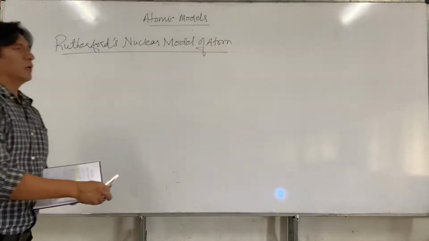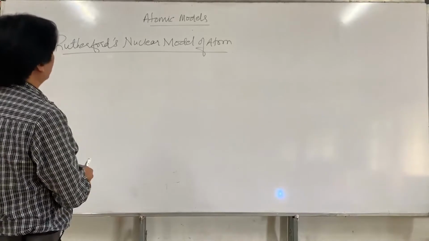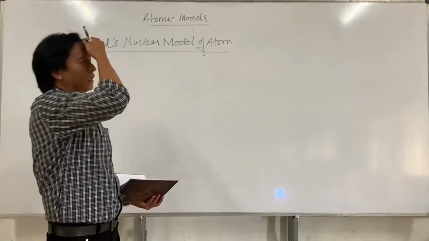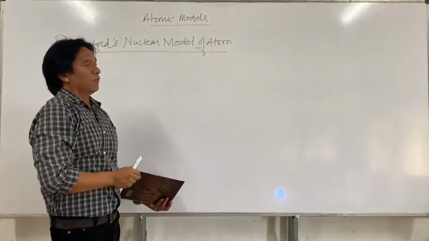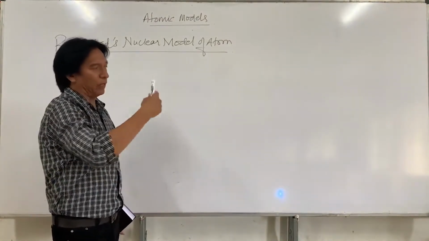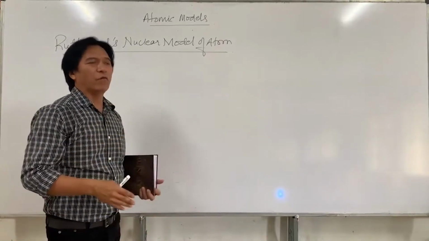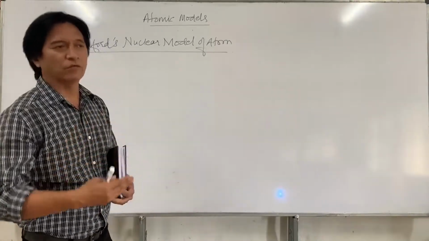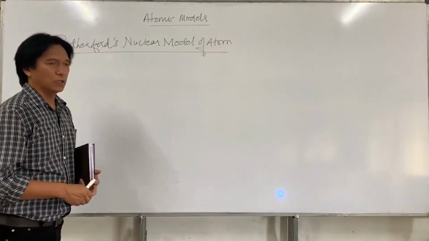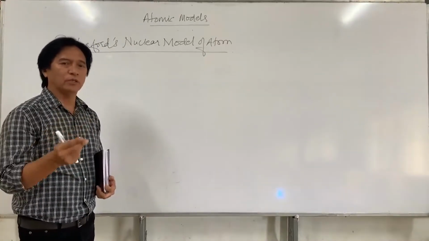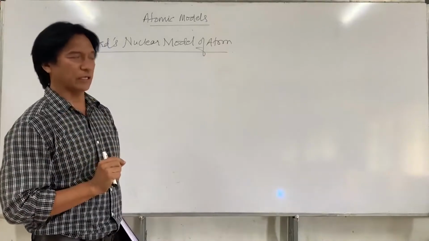Now, as far as Rutherford's nuclear model of atom is concerned, you will see that Rutherford did this experiment by making use of a very thin foil of gold, or a very thin sheet of gold, which is about 100 nanometers in thickness. Very thin it is actually.